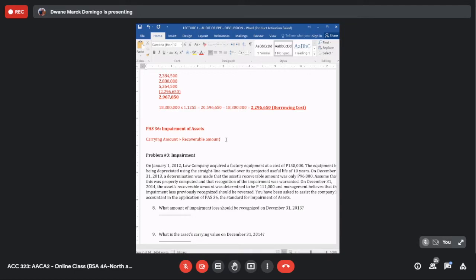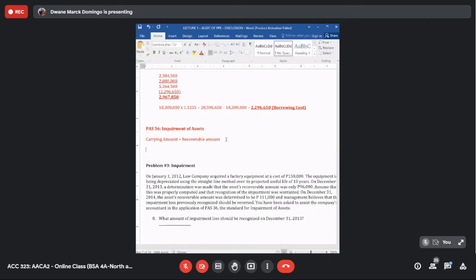So, ngayon, before tayo mag-proceed sa computation, discuss natin ano ba yung mga indicators of impairment. Sa audit kasi, kailangan mo to when you are assessing impairment of assets. So indicators of impairment, dalawa yan.